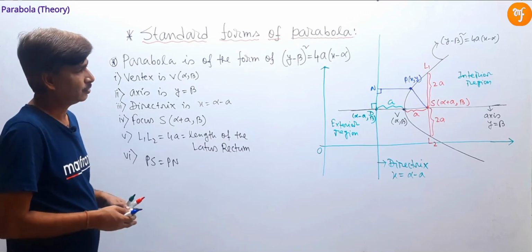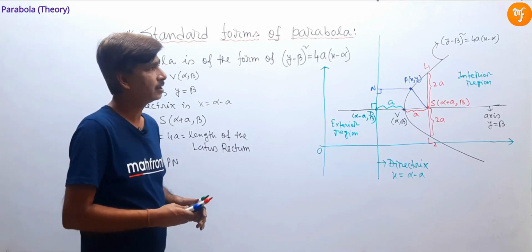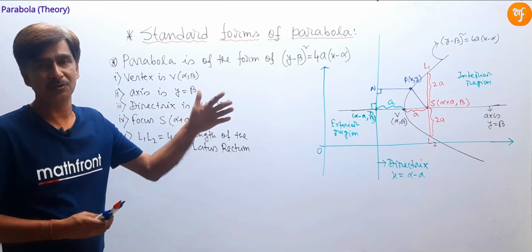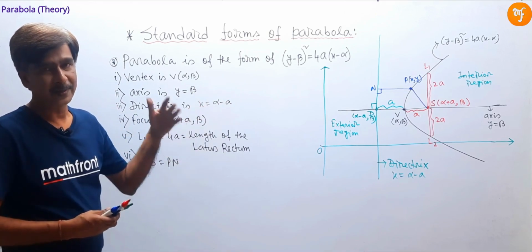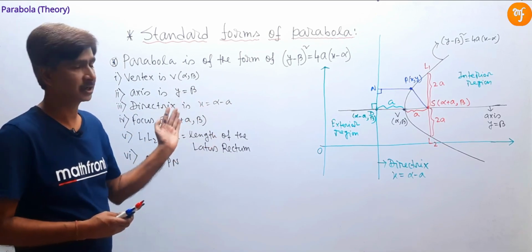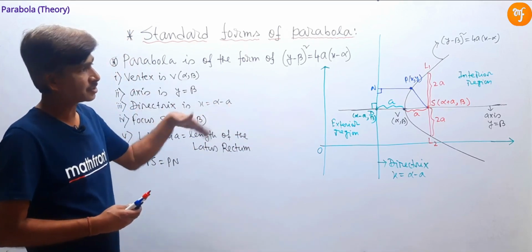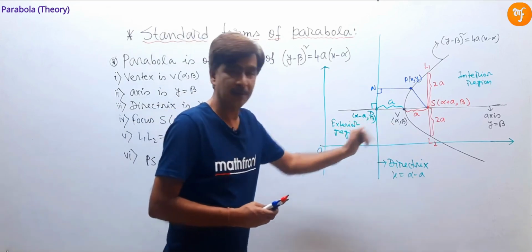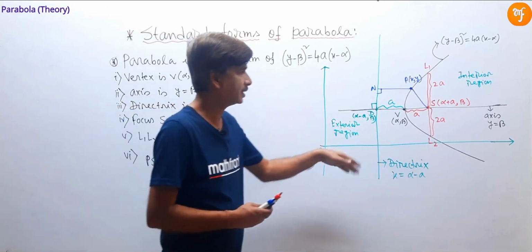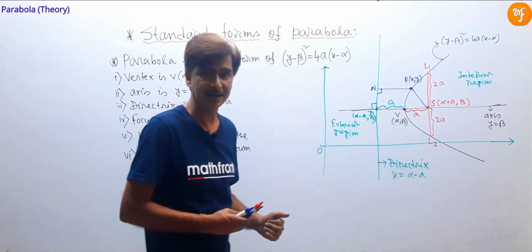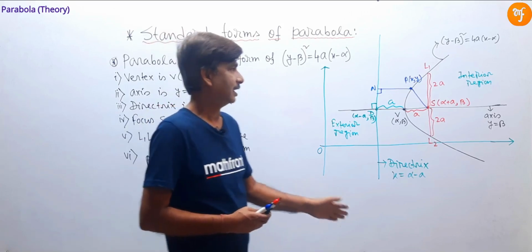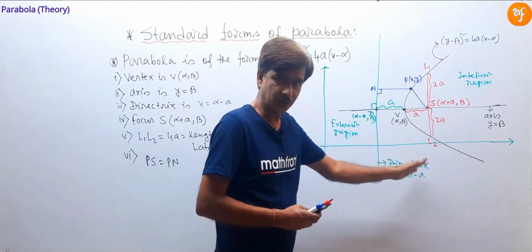Okay. So what did we learn? We learned y minus beta whole square is equal to 4a into x minus alpha is a parabola. It's concave on the right-hand side. The vertex of this parabola is at alpha comma beta. The coordinate of the focus of the parabola is alpha plus a comma beta. The length of the latus rectum is equal to 4a.